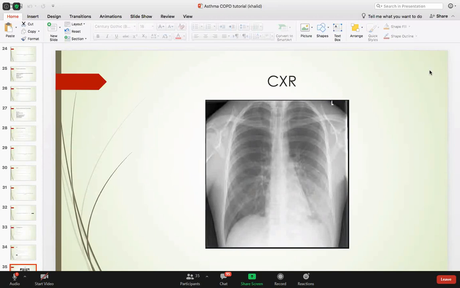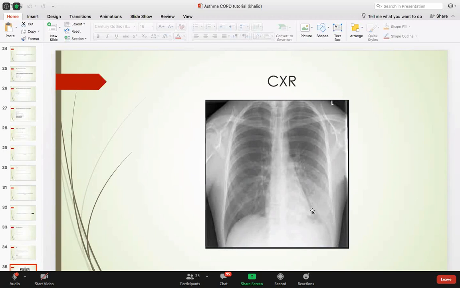Lung hyperinflation, yes, there is hyperinflation. Diaphragmatic flattening: you may see a flattening of the diaphragm in COPD, but in this patient there is not. This is a nice curving diaphragm on the right side.